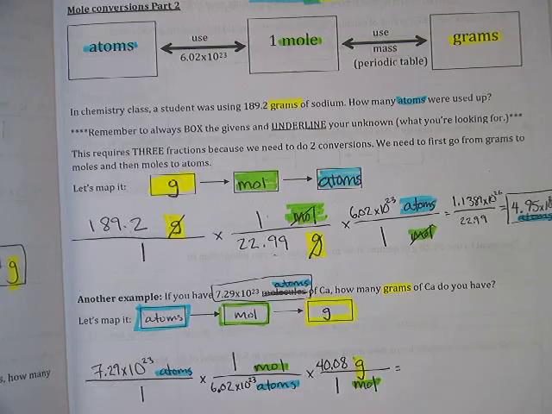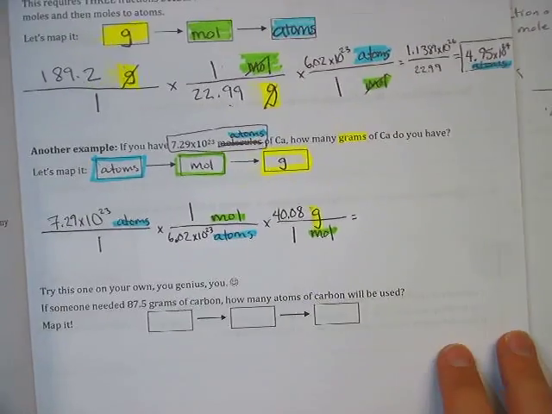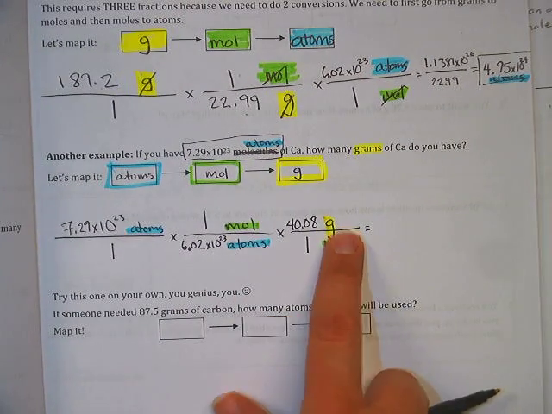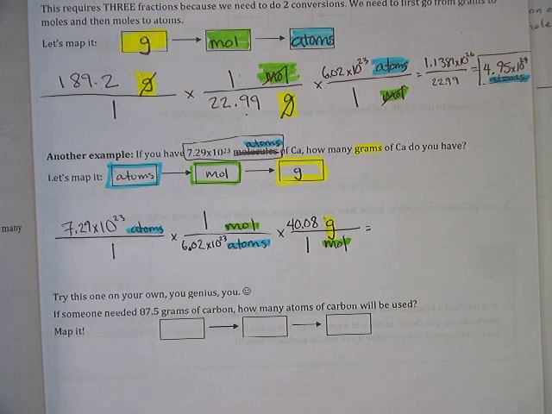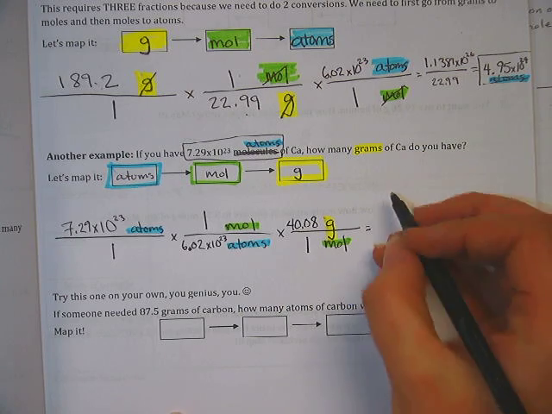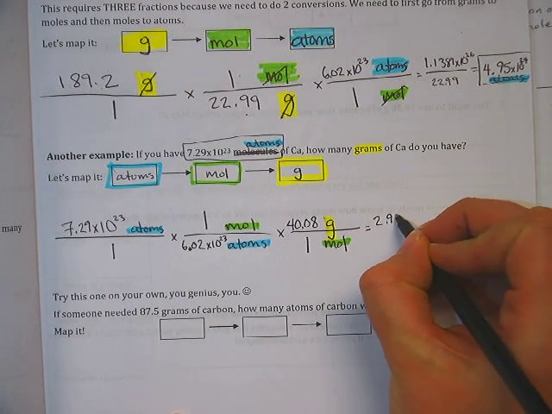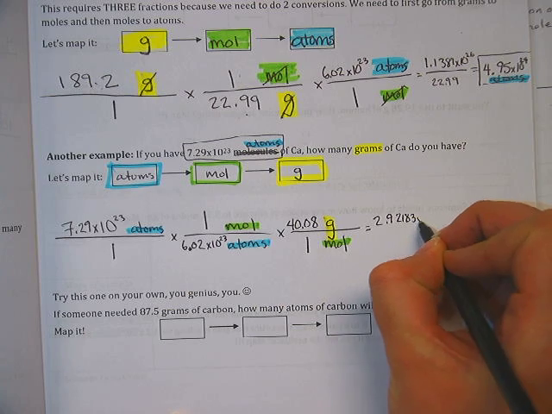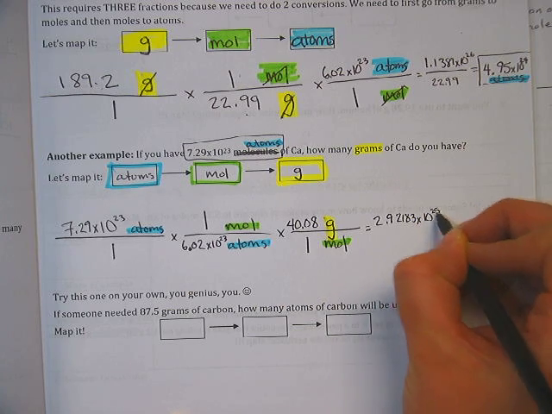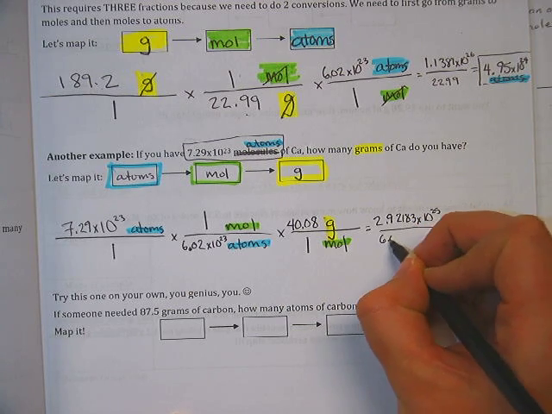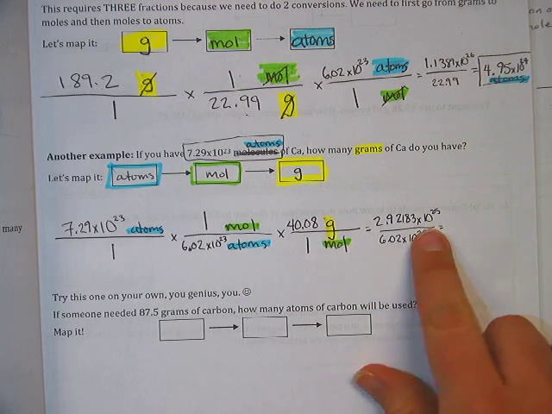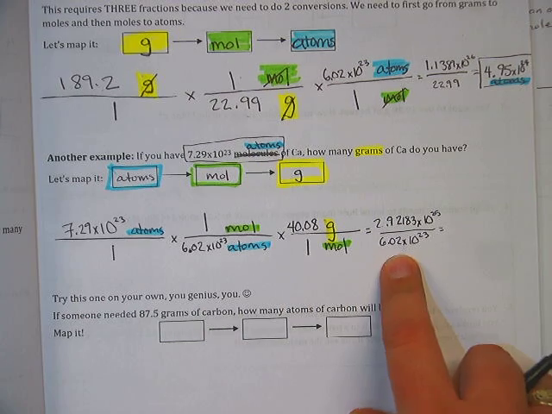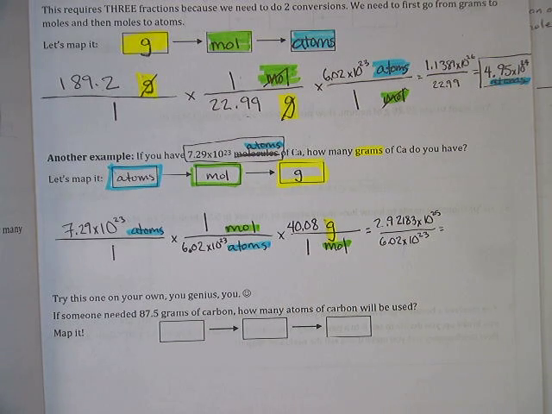And then, just like before, top times top times top will give you a new top number. Bottom times bottom times bottom will get you a new bottom number. And then how do I find my final answer? What do I do with my new top and new bottom? Divide.